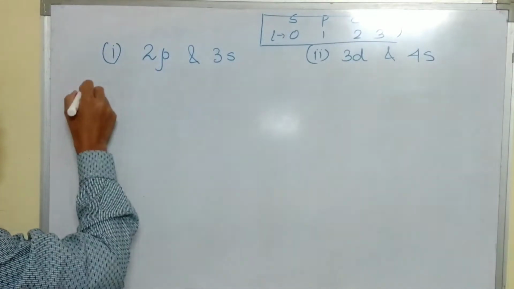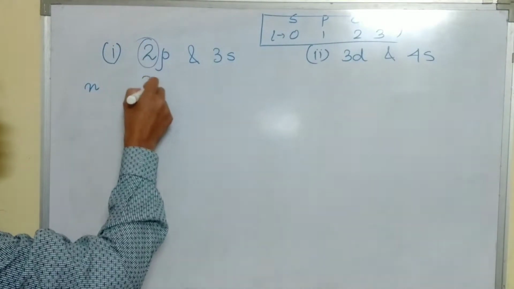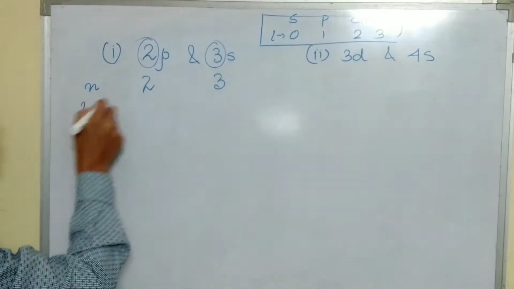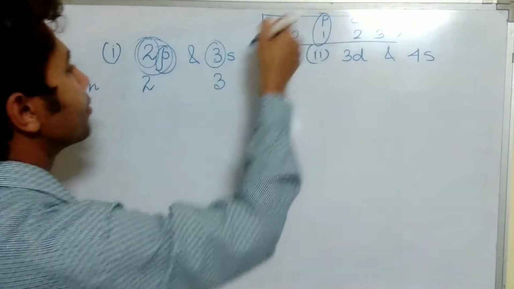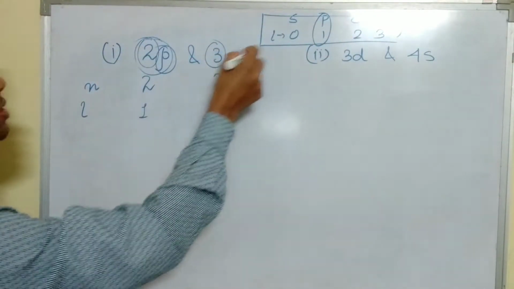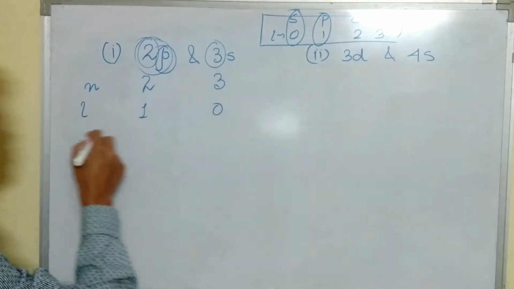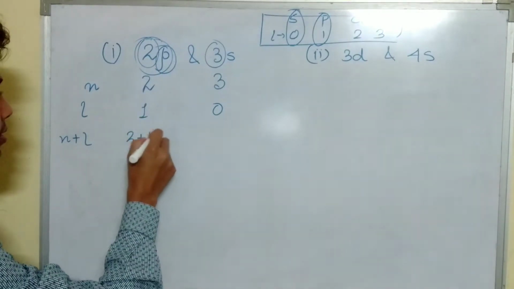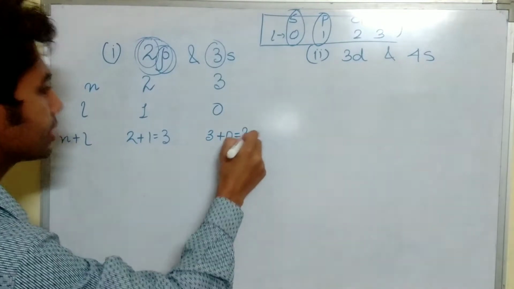Now the n value for 2p will be 2, and for 3s it will be 3. L value for 2p, for p, it will be 1. For 3s, for s, L value is 0. Now n plus L value for 2p will be 2 plus 1 is equal to 3. For 3s it will be 3 plus 0 is equal to 3.